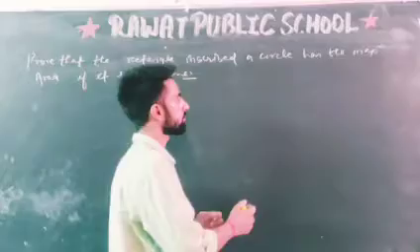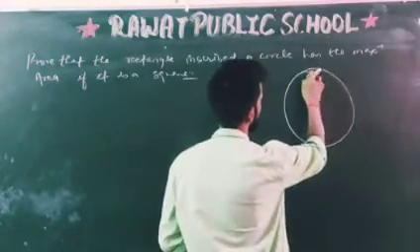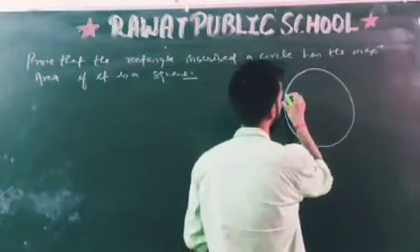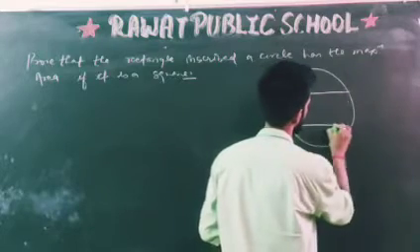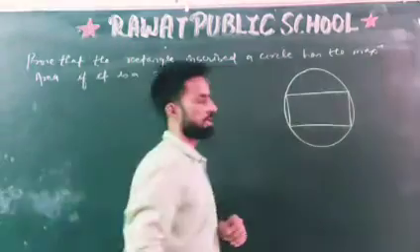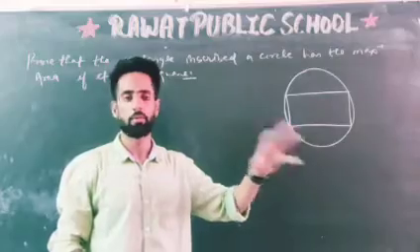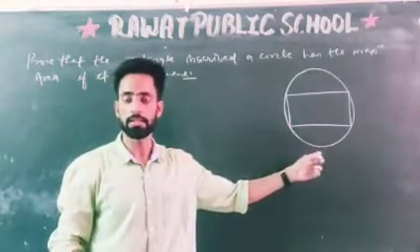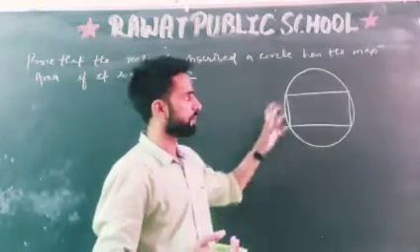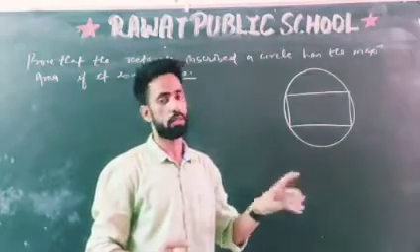So if I draw the figure for this question, this is my circle, and inside this I have a rectangle. The area of this rectangle will be maximum when this is not a rectangle, this is a square. Doesn't matter however I arrange a number of rectangles inside, the area will always be less than the square that I can arrange inside.